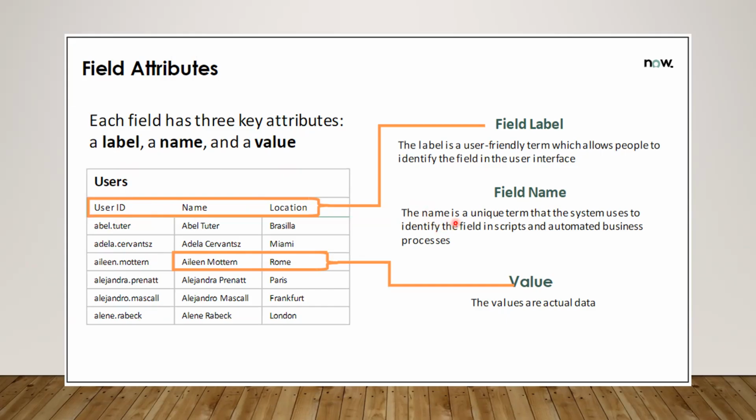It should be a unique term in that table, and it is used in scripts and business processes. That is called the field name. Finally, field values are the actual data stored in that field. They are called the field value. So these are the three concepts.